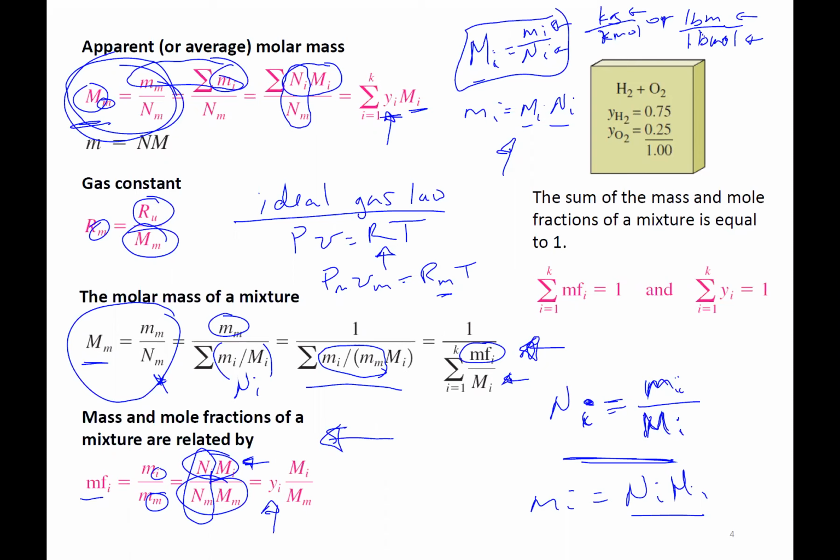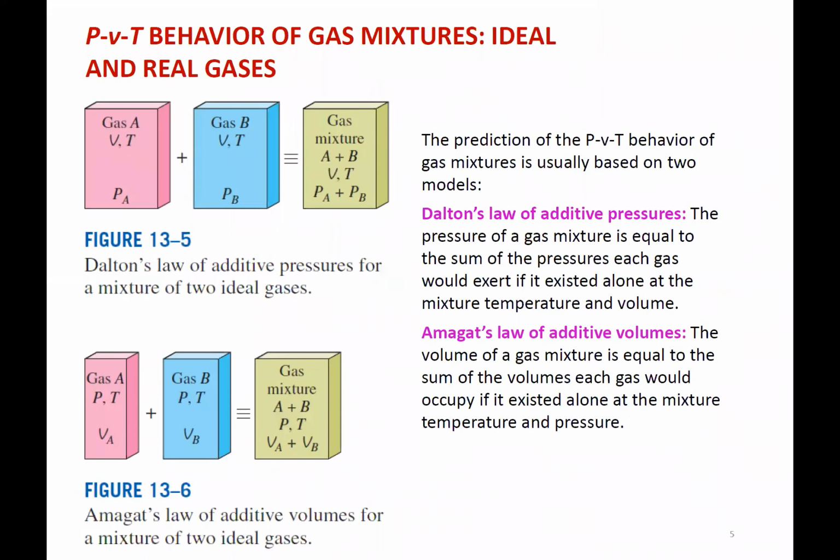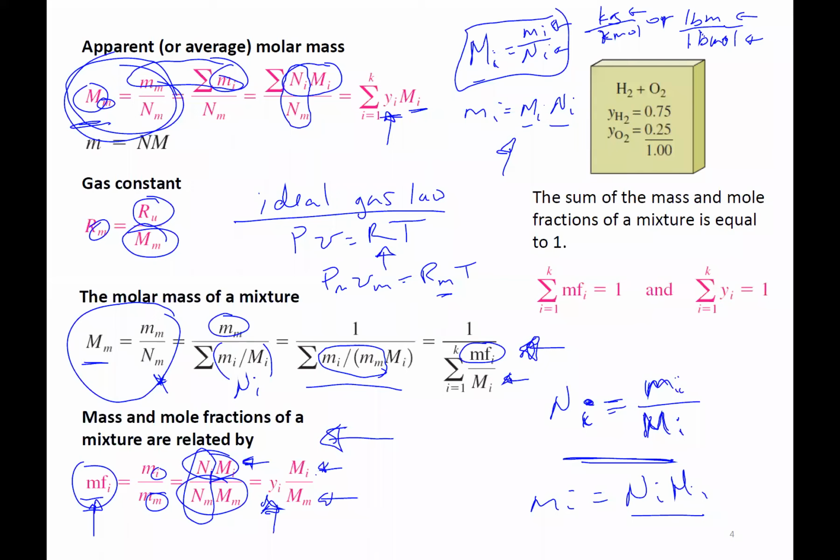So then you just have the mole fraction, the molar mass of the individual component, and the mixture's molar mass, and we can go from mole fraction to mass fraction. Oh, the last equation is, if you sum up all the fractions, whether it's mass fraction or mole fraction, they should equal 1.